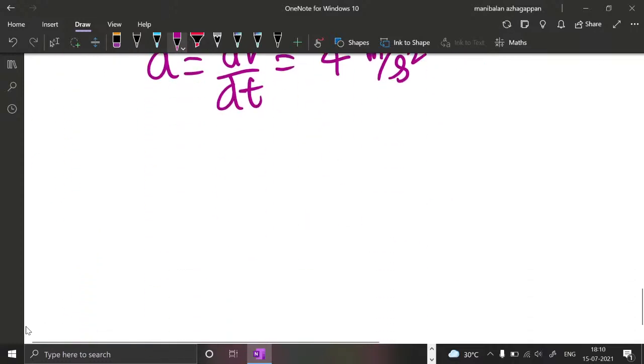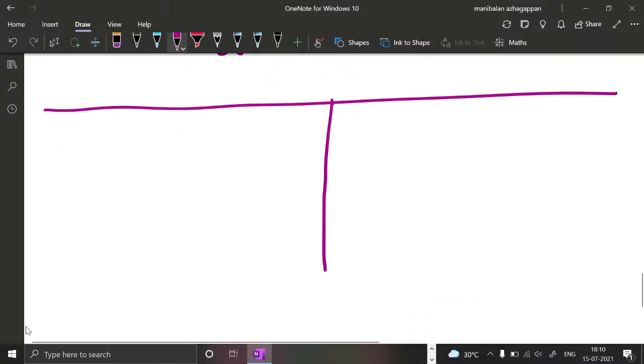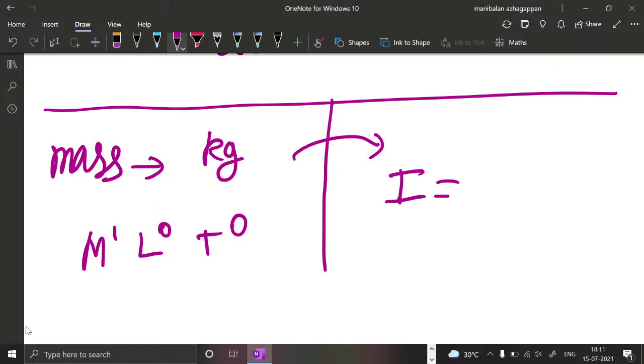The next comparison: we are going to compare linear motion and rotation motion. In linear motion we take mass, whose unit is kg. Dimensional formula: M power 1, there is no length, there is no time, so power 0. The same thing in rotation motion: instead of mass, it is inertia.